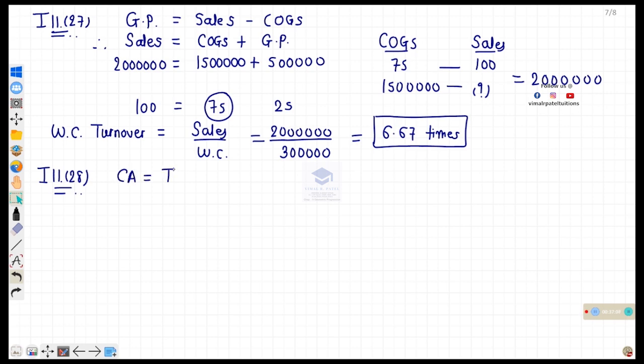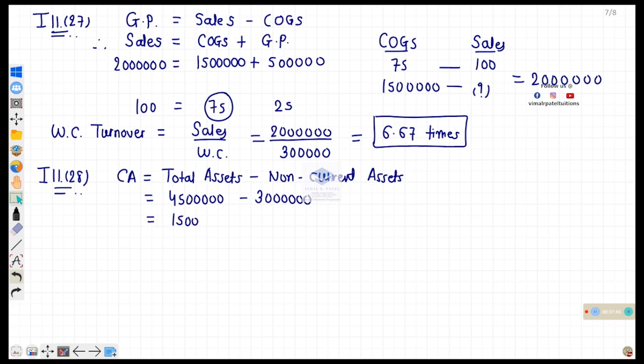Current asset is equal to total assets minus non-current asset. Total assets are 45 lakh. Non-current asset 30 lakh. So your current assets 15 lakh.